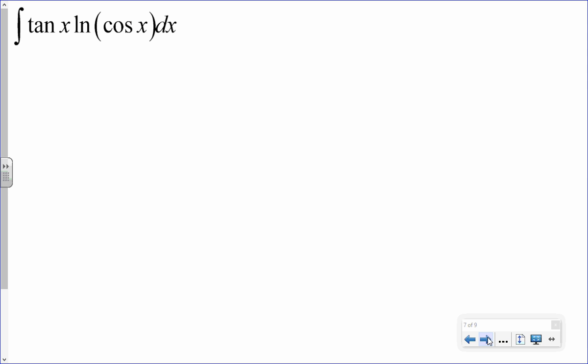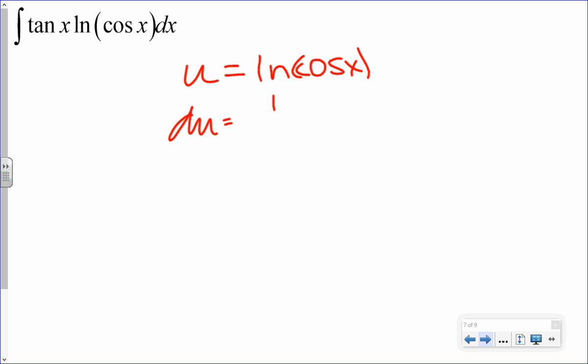U substitution. Okay, what is your U? You're going to have to let u, it is weird, equal the natural log of cosine, because your derivative is 1 over cosine times negative sine of x dx.